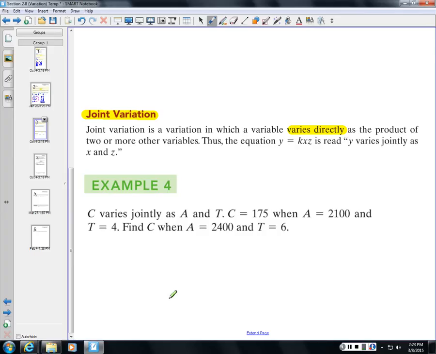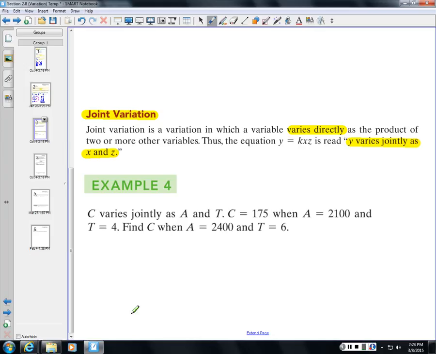So it could be y varies directly as x and z. But instead of it saying varies directly, this is more of how it's going to read. It will actually use the word jointly. If you think about joint and joining things together, it just means you have more than one. So instead of just y being related to just the one x, it's now joined with another variable. Okay, but it's still direct variation.